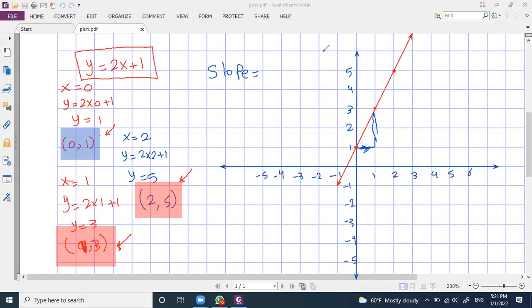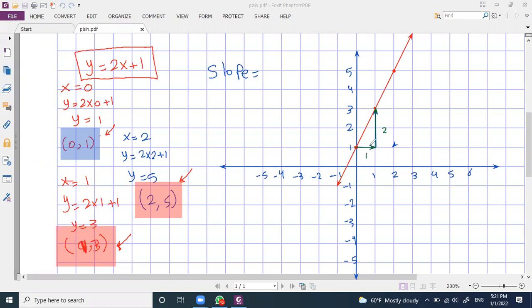Once again, what is the meaning of the steepness? For every 1 unit across X, you should move up 2 units on Y. So the gradient or the slope is 2.